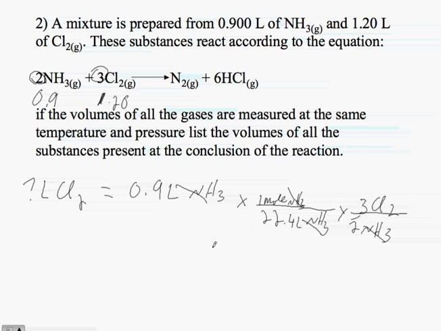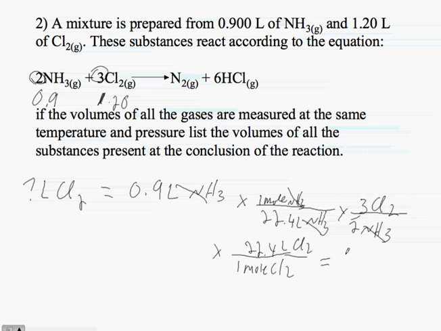So I convert my moles of Cl2 into liters of Cl2. This is done by saying that for every 1 mole of Cl2, with Cl2 on the bottom to cancel out, I have 22.4 liters of Cl2.